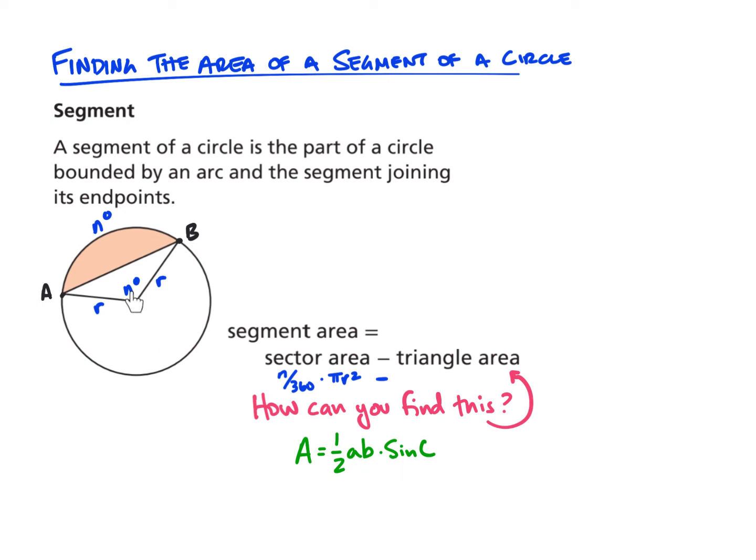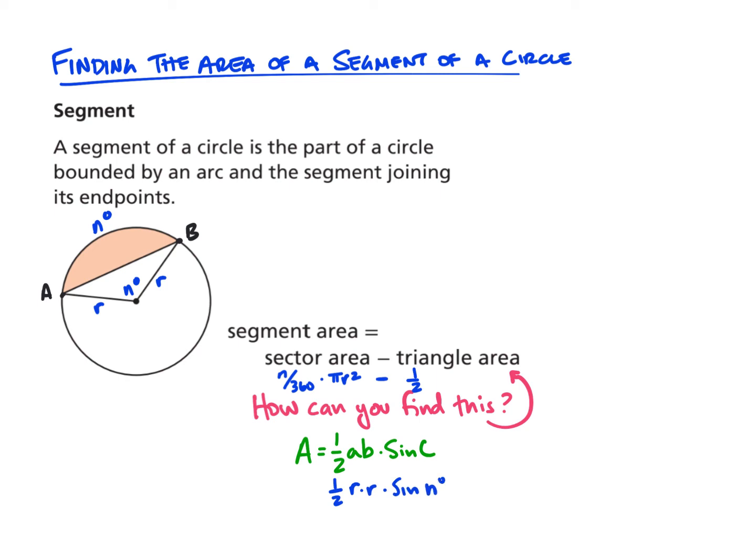We would have this angle measure. If we're able to find the sector area, we're going to have this angle measure, and we're going to have these 2 sides of this triangle. So for the triangle area, we're just going to use this formula, only we're going to replace the A and the B with r's. So this will be 1/2 of radius times radius times the sine of n.